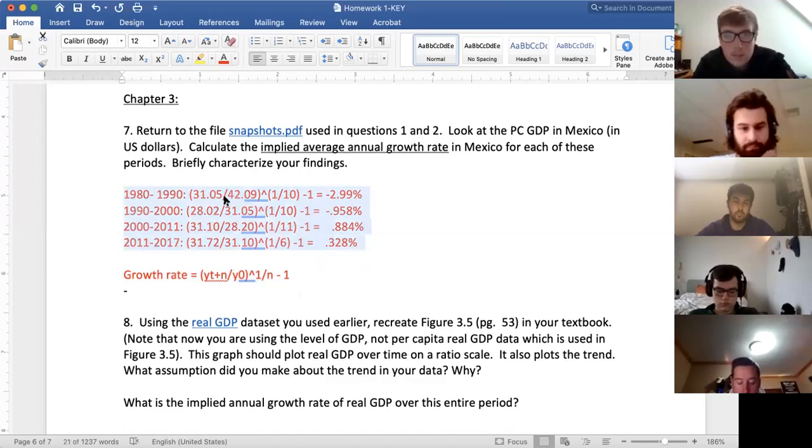Notice you take the output at the end of the period, divide by output at the beginning of the period, take it all to the 1 over n power, and then subtract out 1. That gives you the growth rate. Is that clear to everybody? You just can't divide by 10 and call that a growth rate because it's not incorporating compounding.